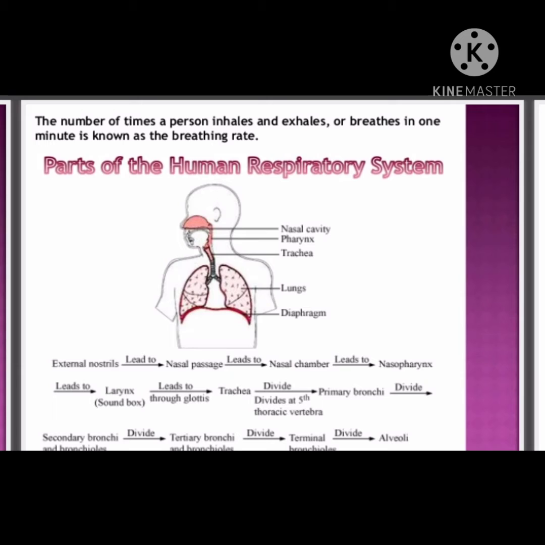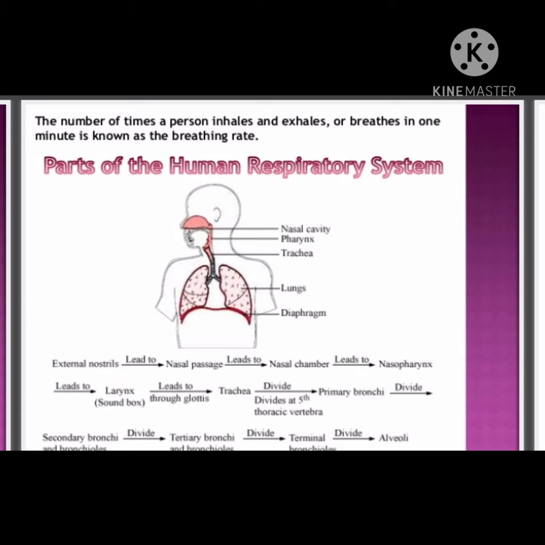Then make this setup airtight. When we move the diaphragm up and down, we can see the inhalation and exhalation, or the expansion and contraction, of the lungs. This is one of the very best models to show the mechanism of breathing. All of you should try to make this model at home.